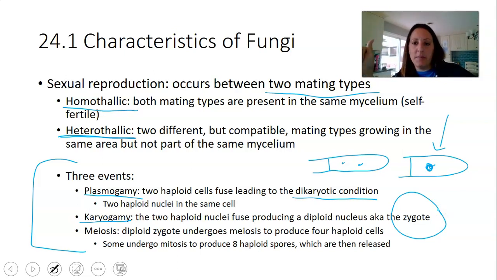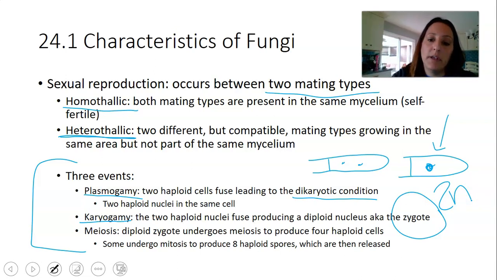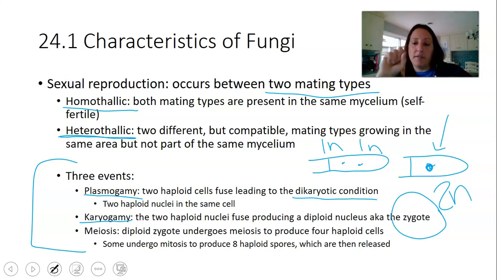So plasmogamy is the fusion of cytoplasm. Karyogamy is the fusion of two haploid nuclei. The zygote is going to be diploid. It has genetic information from both of those nuclei. So it's 2N, or diploid, where each of these nuclei were 1N, or haploid. So now there's two alleles for every gene.